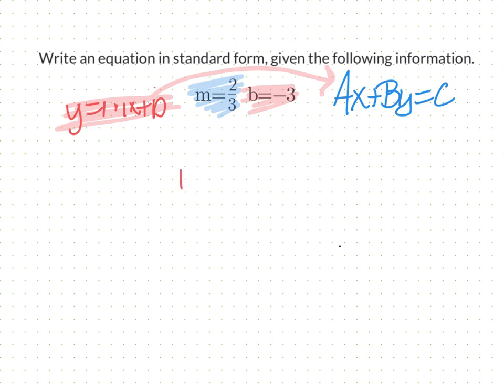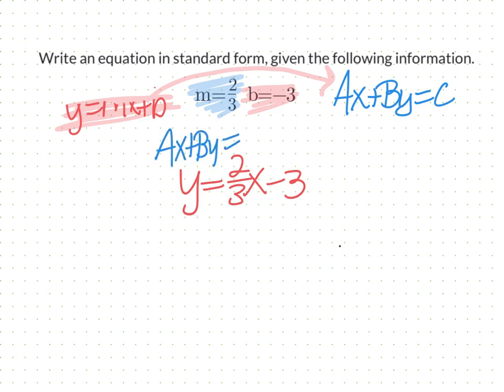So we have y equals 2/3 x minus 3. Now remember, I want it to look like this. Okay. So if we go ahead and put a line down, so you can see my b, y, is in the right spot, right next to the equal sign.